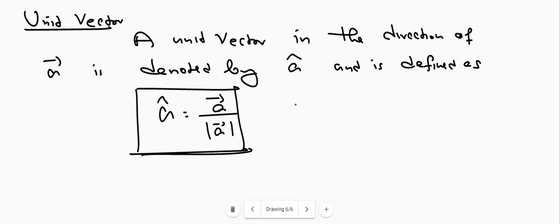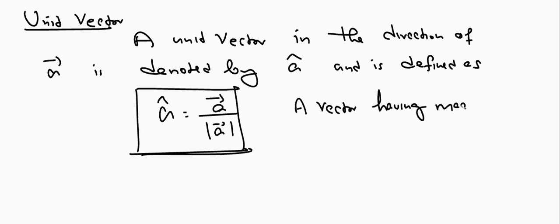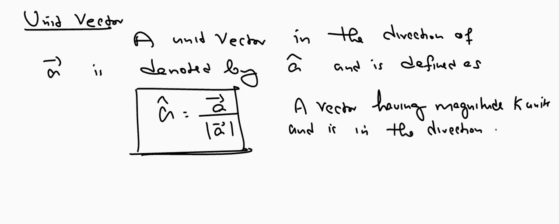A vector having magnitude k units and in the direction of a cap, where a cap is a unit vector in the direction of a vector, is given by k into a cap.